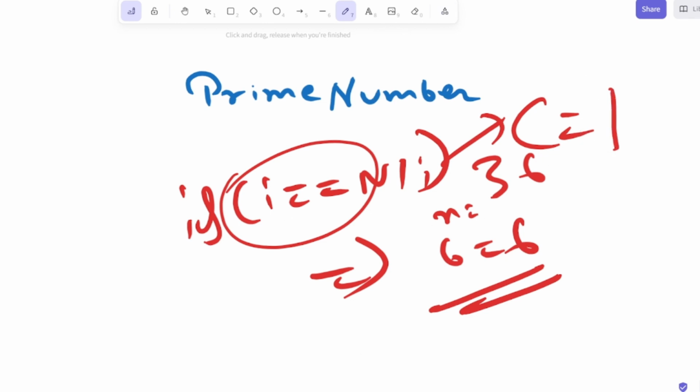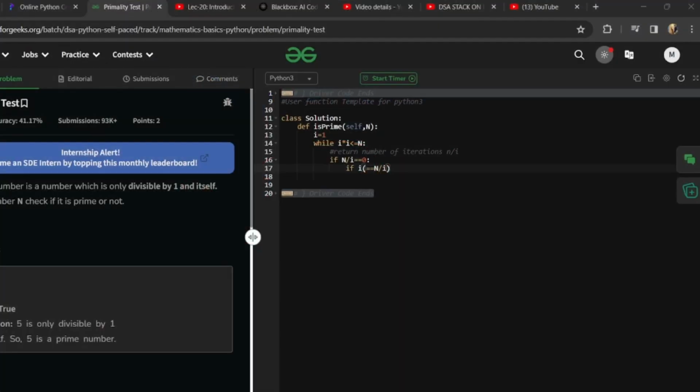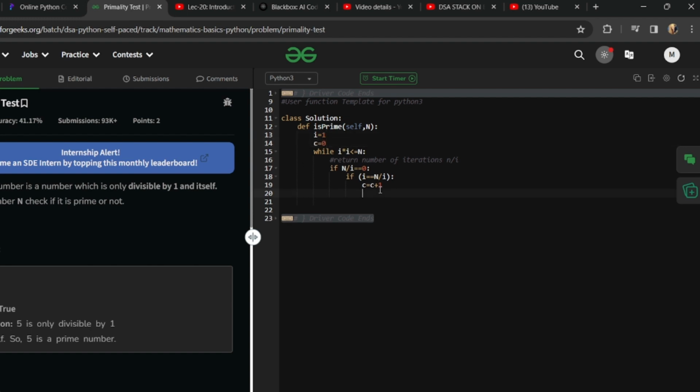Back to the coding screen, let's do the further part of the question. If I is equal to n by I, we will count the factor as c equals c plus 1. First, we have to make a counting variable c equal to 0.